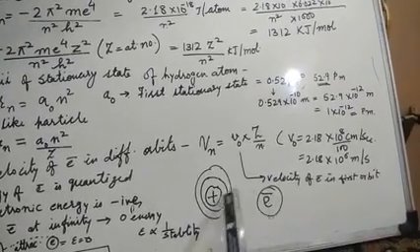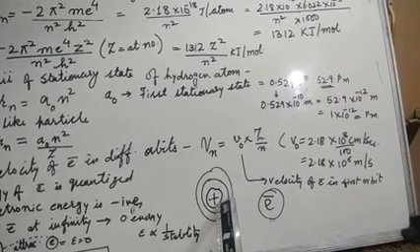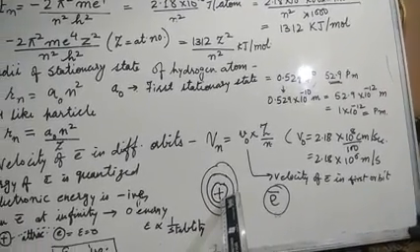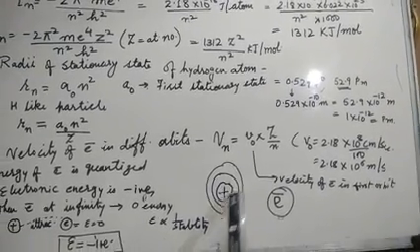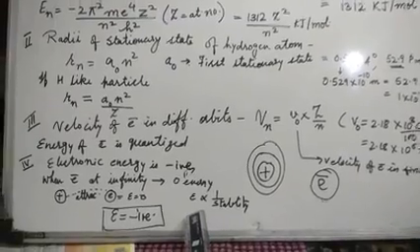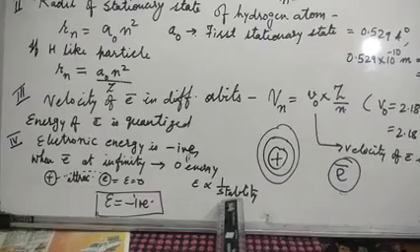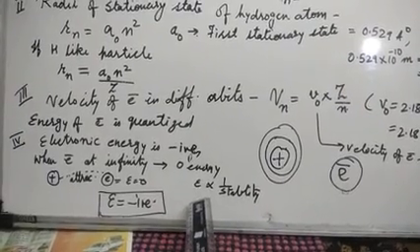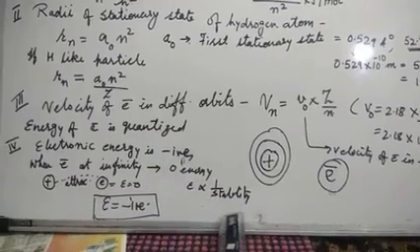And as it gets attracted, stability factor will increase. Students, I have told you in the class many times that energy is inversely proportional to stability. If stability is more, energy will be less. And if energy is more, stability will be less.